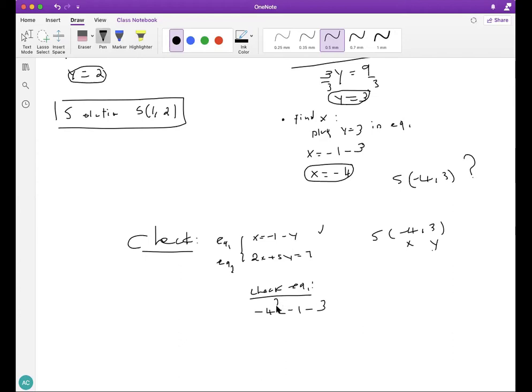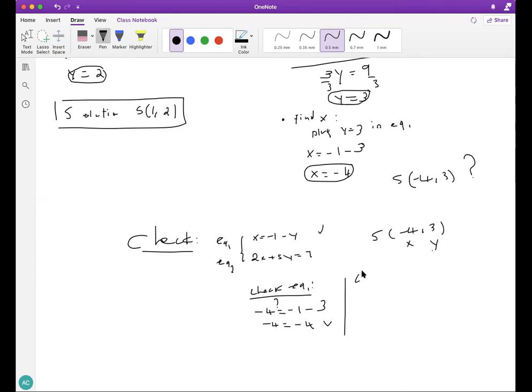Is it equal to, let's see, -4 is in fact equal to this side, which is also -4. So that's good. The solution worked for the first line, but it's not a solution to the system until it works for the other one as well. We have to get something that makes sense like this, not some contradiction like we did earlier.